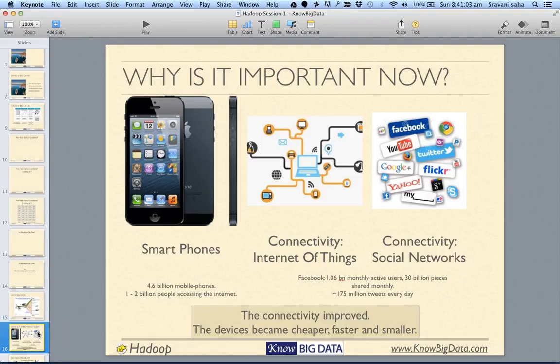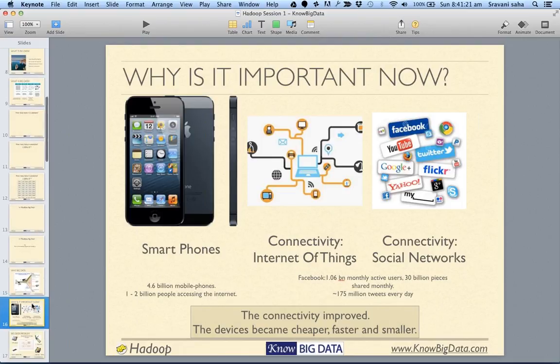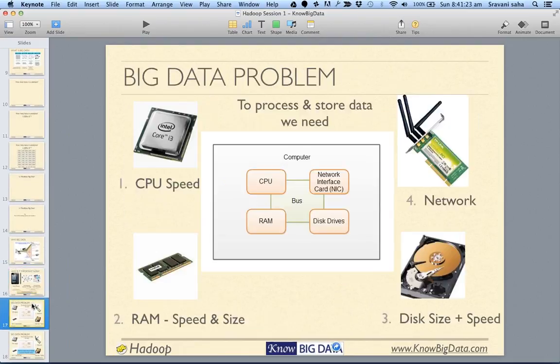It starts with things, and then people built software on top of it, like YouTube, Facebook, Twitter, and whatnot. Using that, they all continue to generate the data. So these are the two reasons: devices and connectivity.